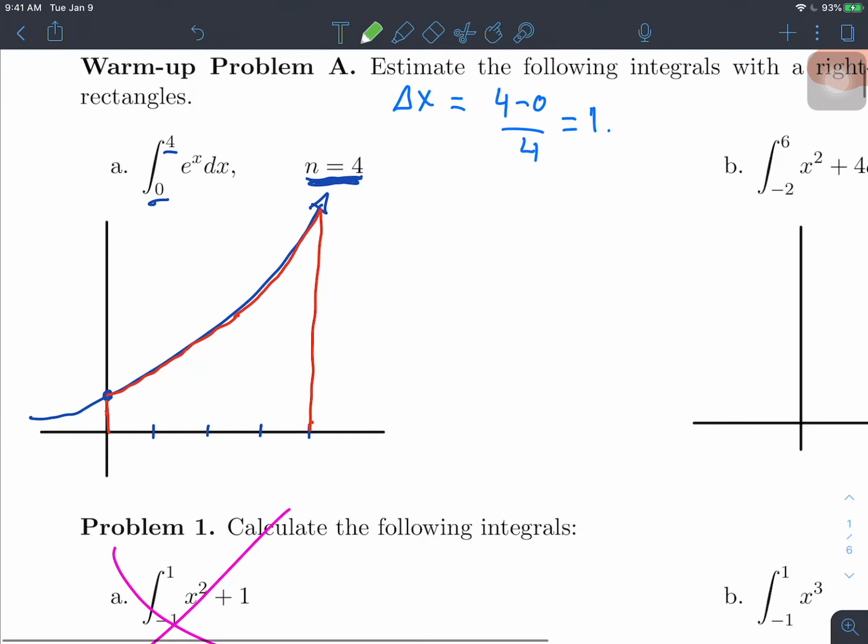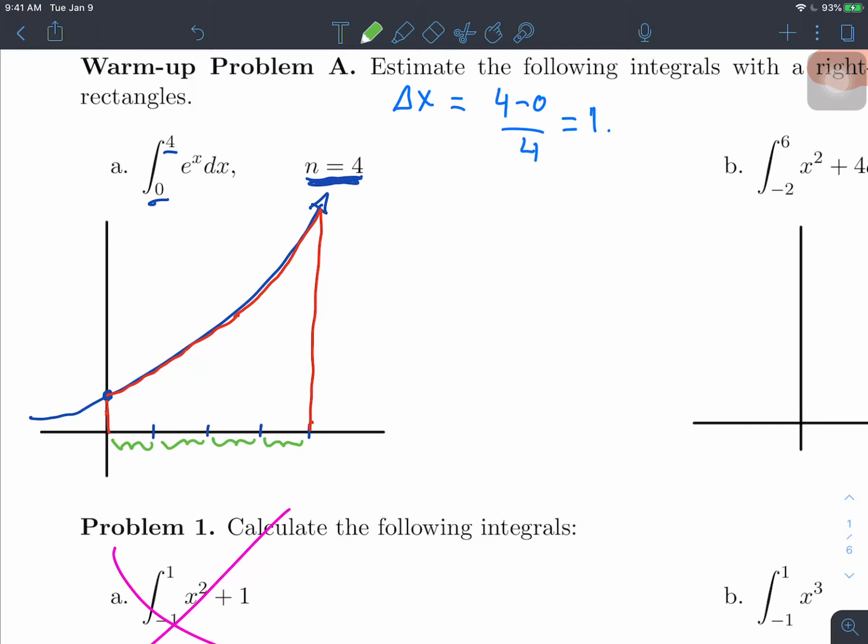Okay, so for each interval, which I am told should be 1 unit wide, these are where my rectangles are going to lie. The height of each rectangle should be chosen by taking the height of the function on the right side of each subinterval.